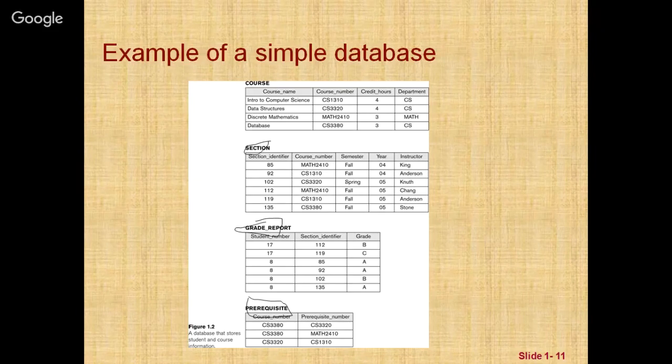So data manipulation involves querying and updating. Now, examples of queries: suppose you want to retrieve the list of all courses and grades of Smith, then you need to write a query for that. Or you want to list the names of students who took the database course and their grades.